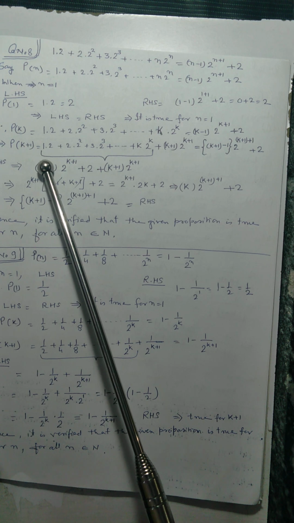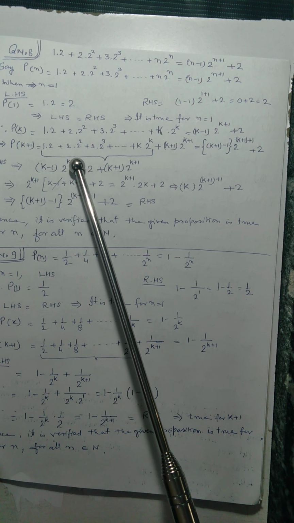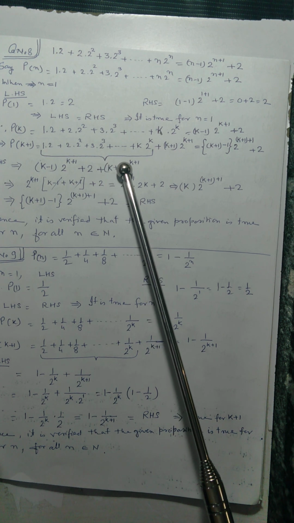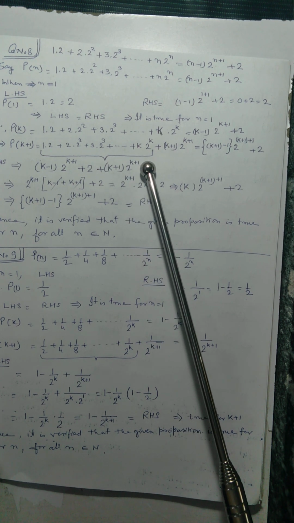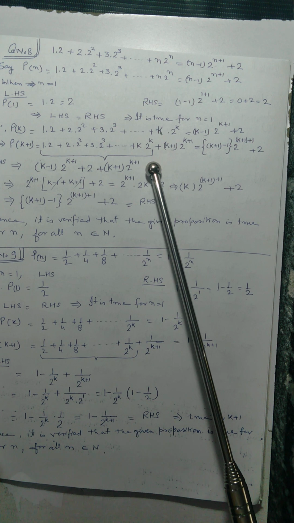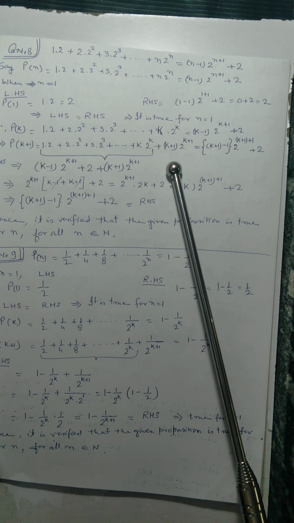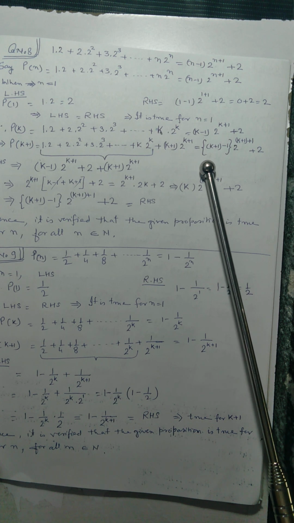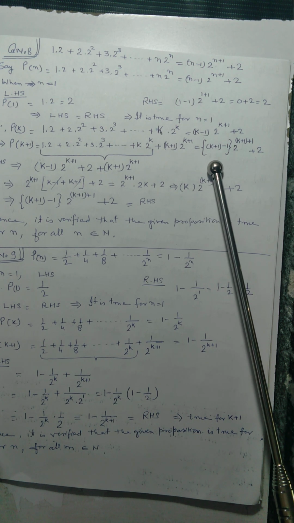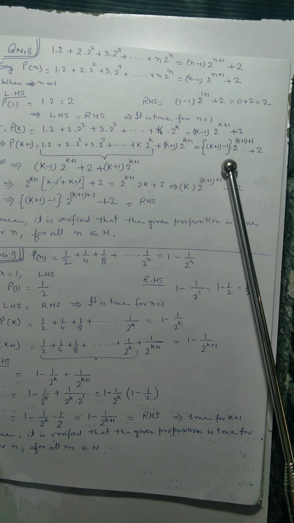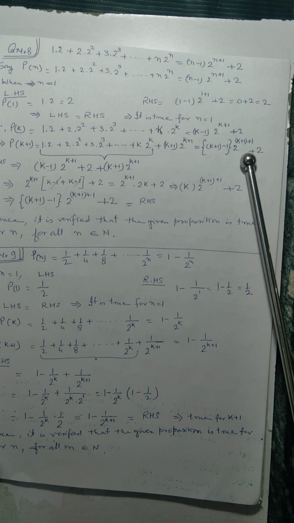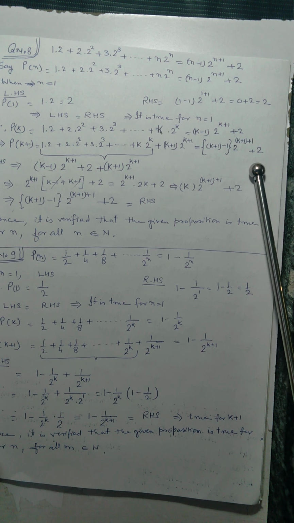So it will be equal to 1 into 2 plus 2 into 2 square plus 3 into 2 cube plus dash dash plus k into 2 to the power k plus (k plus 1) 2 to the power (k plus 1), and it will be equal to in brackets (k plus 1 minus 1) 2 to the power (k plus 1 plus 1) plus 2.